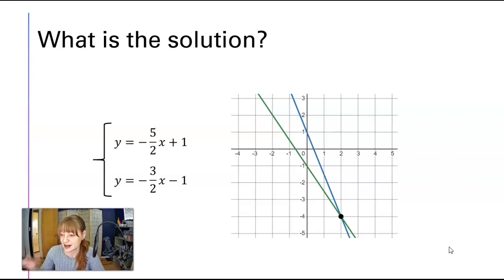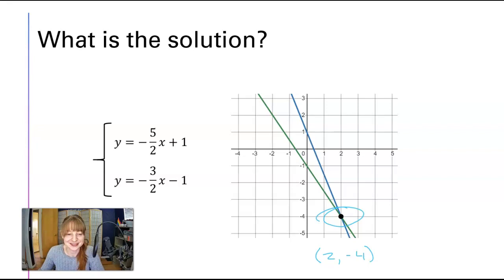We see this picture, and we can look at this and ask, what is our solution here? Can we just see our solution? Sure we can. Yeah, it's right where they intersect. Our solution is 2, -4. Super easy if we just use Desmos, right?